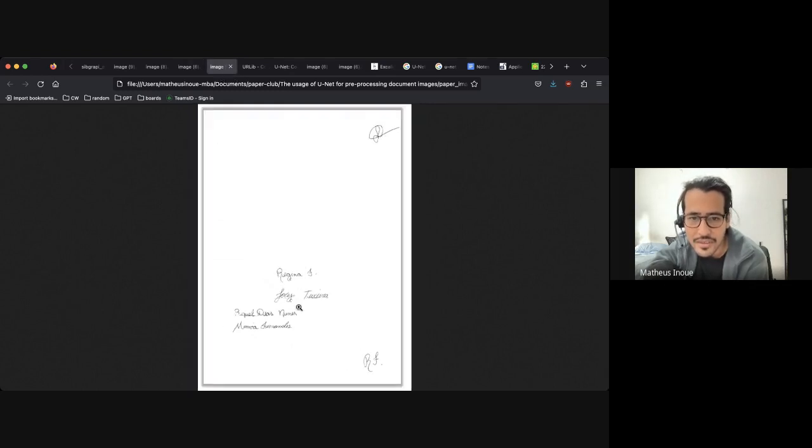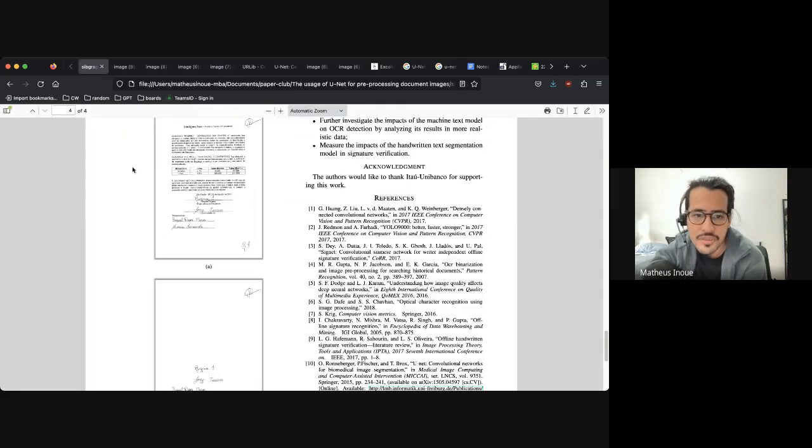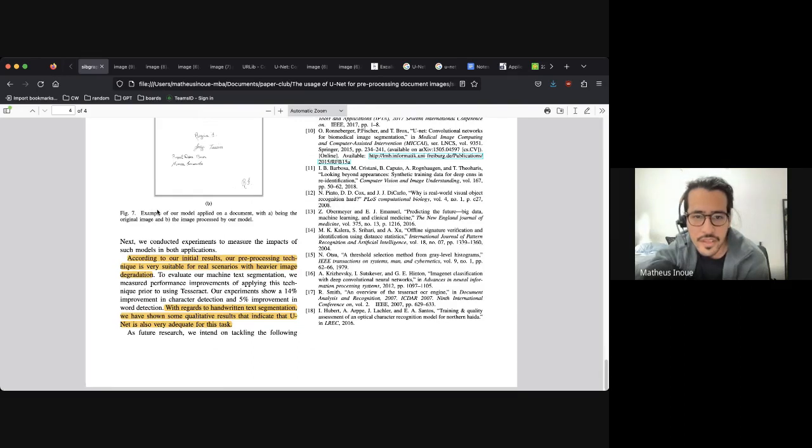You can see it only got this stuff. You may see some imperfections here and there, but it's really good, right? So you can use this, and then you apply some image segmentation to extract the signatures and then later compare, or the initials, right? So it's really, really interesting results.